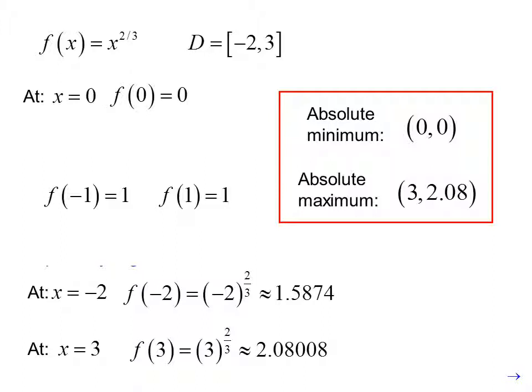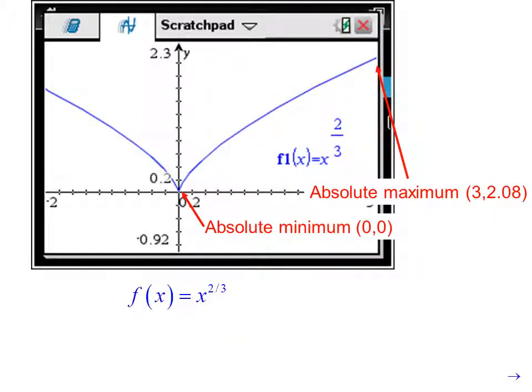The absolute maximum is the largest of these three values, so we have an absolute maximum at (3, 2.08). And this is the graph of that function. We see that we have an absolute minimum at (0, 0), and an absolute maximum at (3, 2.08).